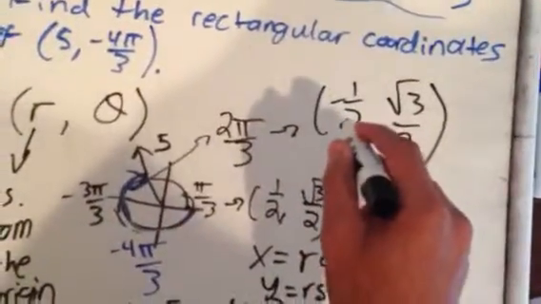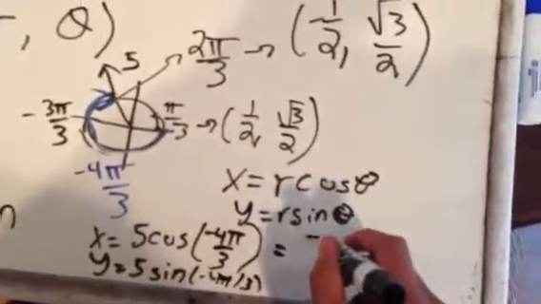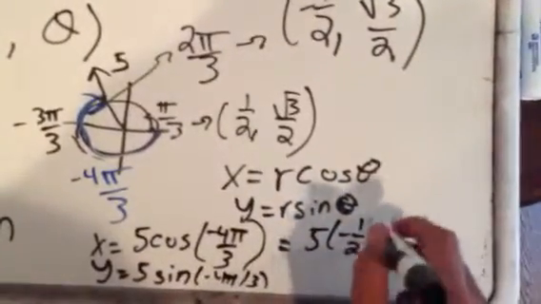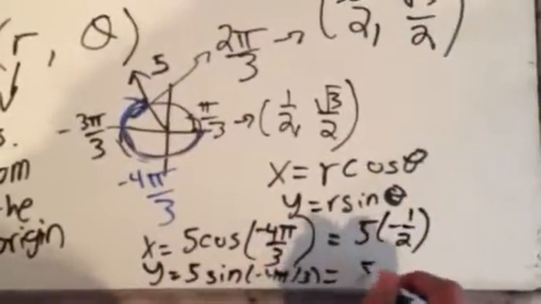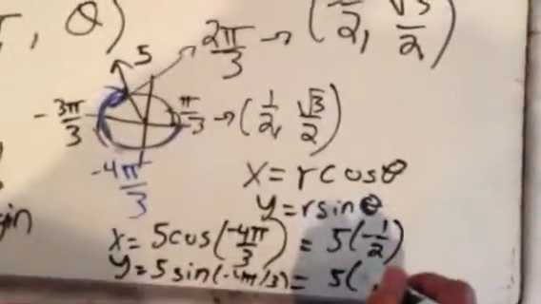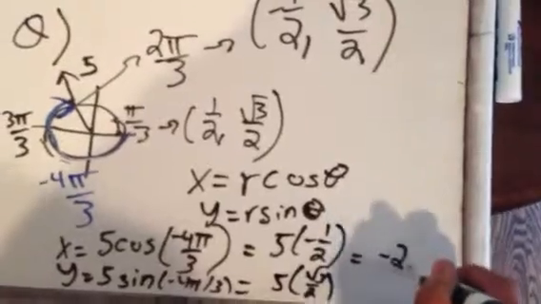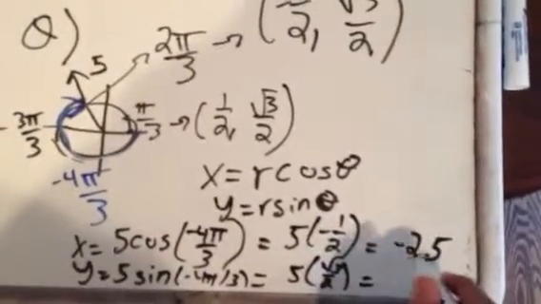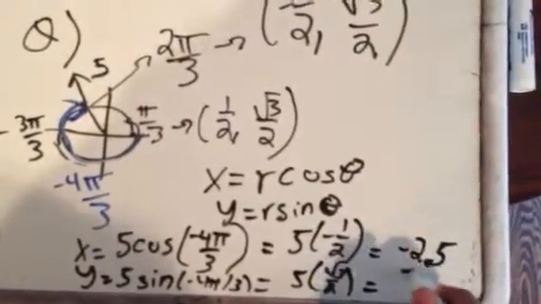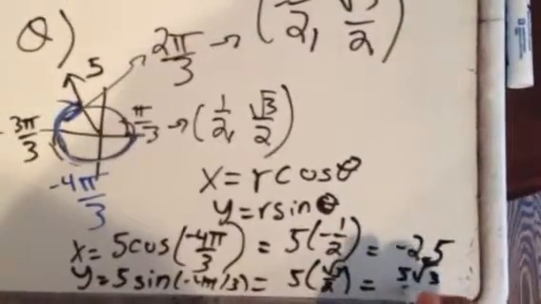Same thing. So we have 5 times negative half, and we have 5 times root 3 over 2. So this equals negative 2.5, and this equals 5 root 3 over 2.